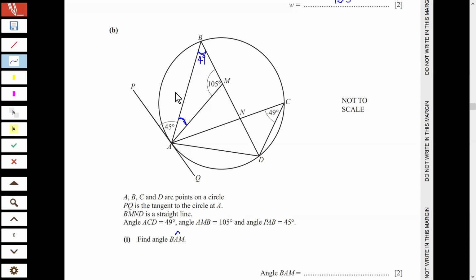So angle ABD will be equal to 49 degrees. And the reason is angles on same segment.